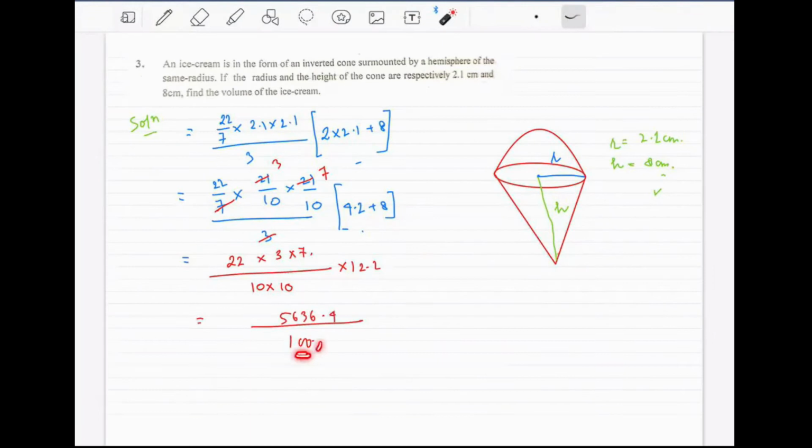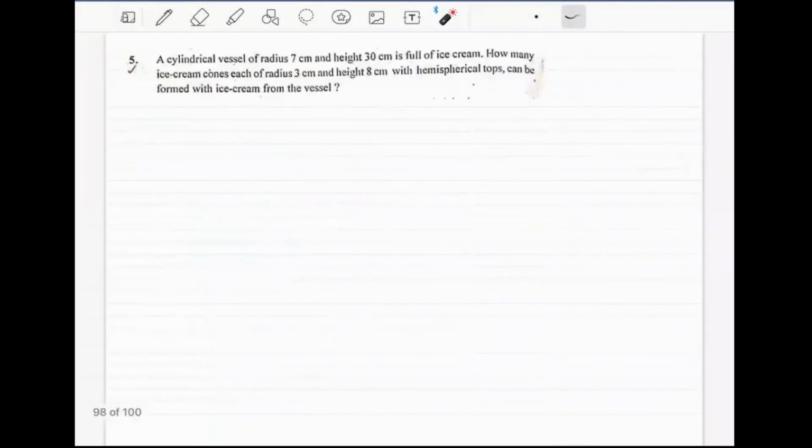If there is a 100 here in the denominator, you can move the decimal point 2 more places. So we will have 56.364. Now remember, we are finding out the volume, right? So you put centimeter cube here. Okay, that's it for this question. You finish copying. Moving on then, next question.